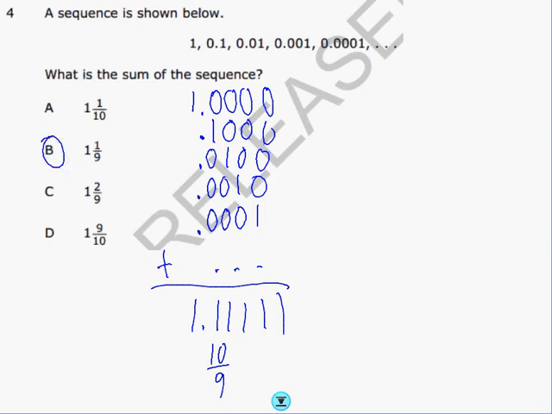Hopefully you'll also see this is a geometric sequence. Every time I move 1 over, I'm multiplying by 0.1 divided by 1, which is 0.1. There's our common ratio. We divide the second term by the first to get the common ratio. And the sum of an infinite series with r less than 1, and it certainly is, is going to be on your formula sheet.